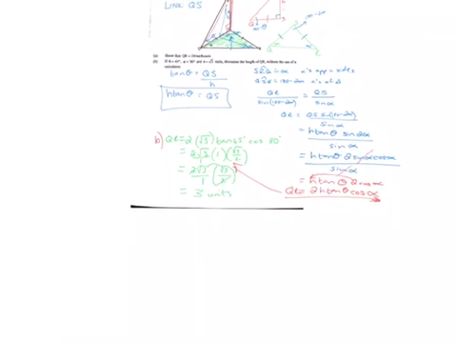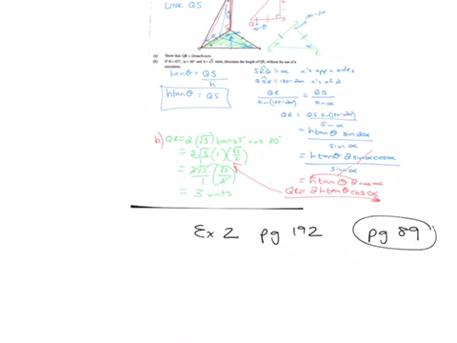So you can then start from this point on exercise 2, which in the new textbook is on page 192. In the old textbook, I think it's page 89 in the sample textbook, and you can do questions A to E. Practice as many as you can of these. If you want to do more, it does go up all the way to I. The more you practice, the better you get at it.